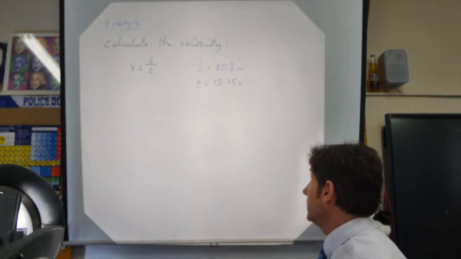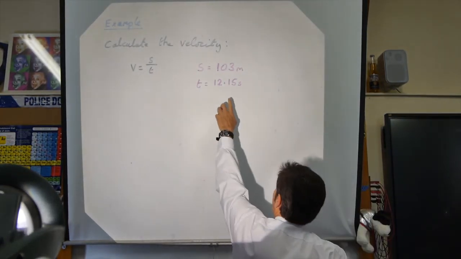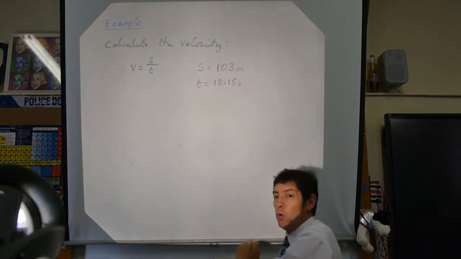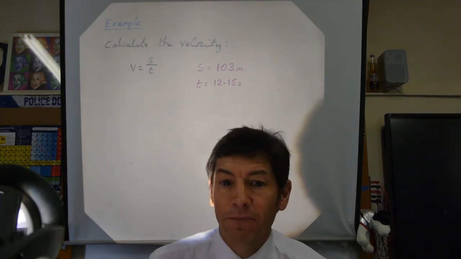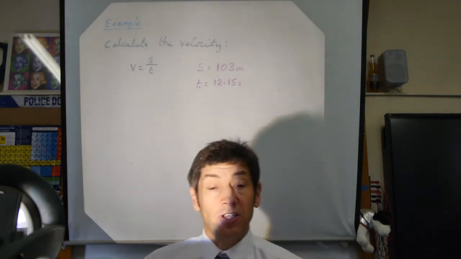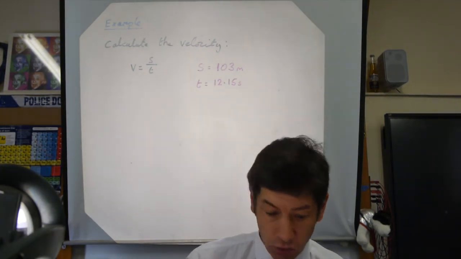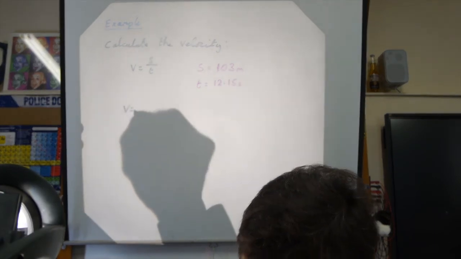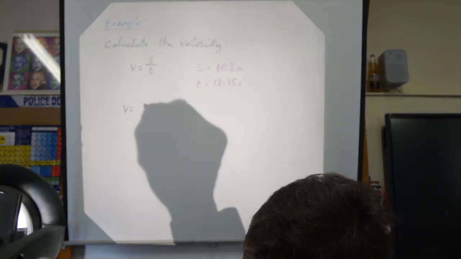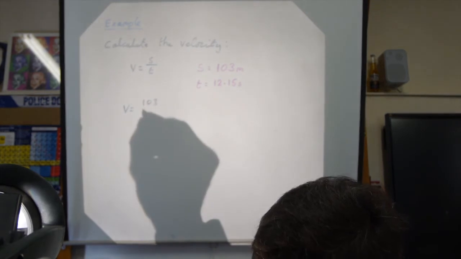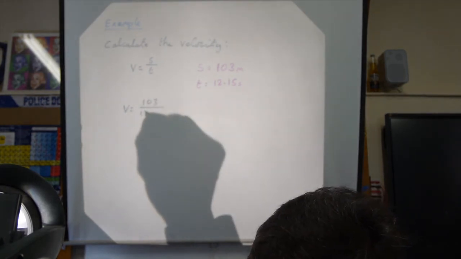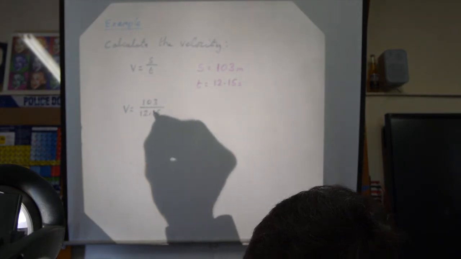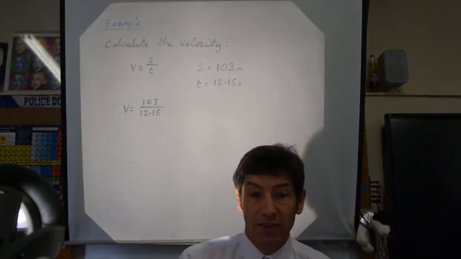You'll notice they're down to hundredths of a second in terms of the precision, and 4 significant figures. Remember, don't do any rounding now, just crack on and do the maths. So the velocity is equal to displacement 103 divided by 12.15. Again, trying to make my decimal very clear there.